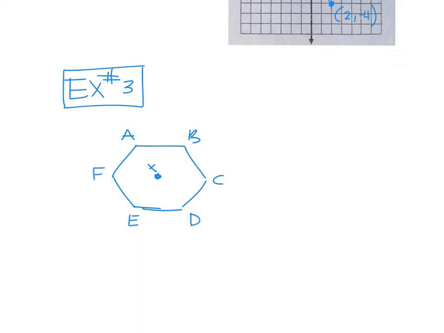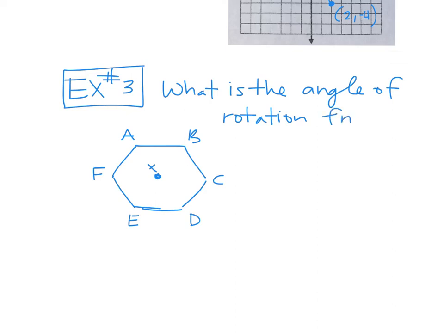All right, let's say you have a regular hexagon. So all the angles and all the side lengths are the same in this hexagon. If I want to rotate around point X, I want to know what is the angle of rotation from point B to point F. Okay, so point B is here, right?